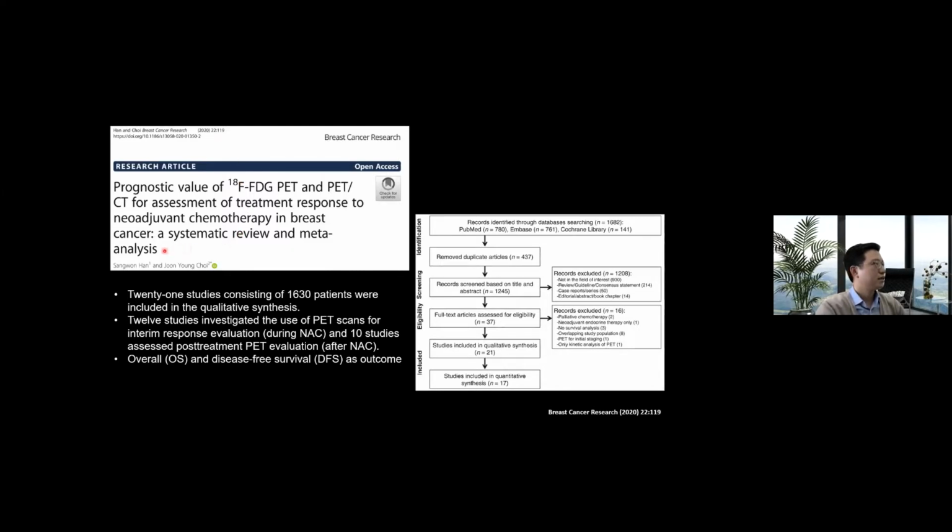In these studies, they used the FDG PET parameters at baseline and interim or post-therapy scan during the neoadjuvant chemotherapy, and then the reduction rate or post-therapy SUV parameters were used to predict the survival itself, not the response to the neoadjuvant chemotherapy. So it's more valuable information.